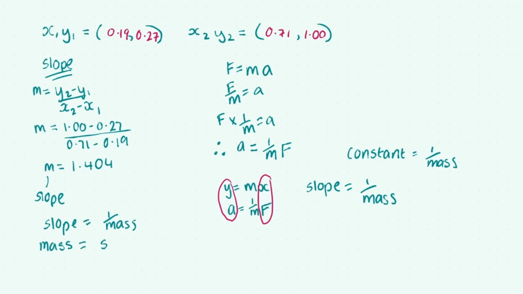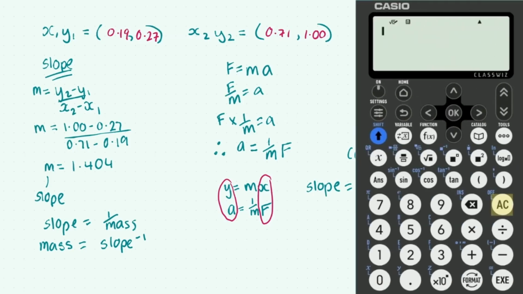We can pop this into our calculator now. Our slope was 1.404, and to get the inverse we click Shift and then the inverse button and equals.